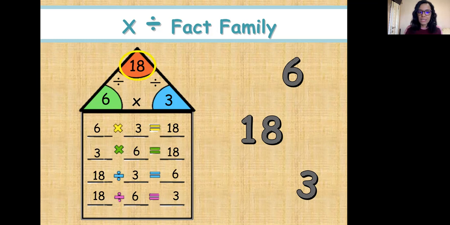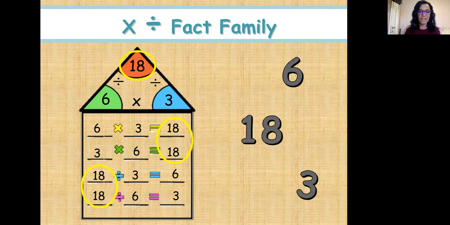Now, what you see here is that we have 18, the biggest number, at the top of the triangle, but the biggest number is also always on the right, as the answer in our fact family for the multiplication. And when we take those and we flip them, you see that they have to start the problems for the division.